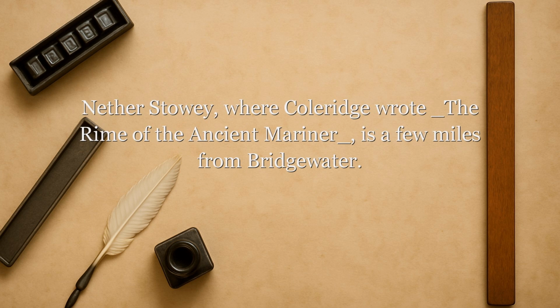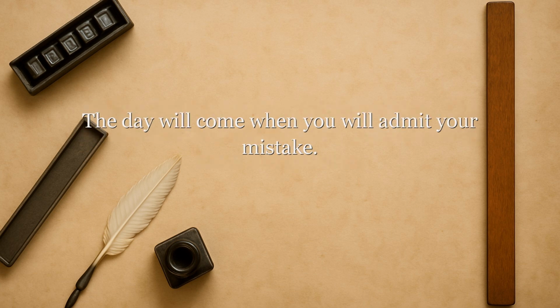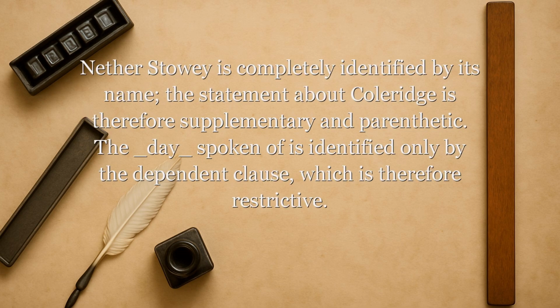Nether Stowey, where Coleridge wrote The Rime of the Ancient Mariner, is a few miles from Bridgewater. The day will come when you will admit your mistake. Nether Stowey is completely identified by its name. The statement about Coleridge is therefore supplementary and parenthetic. The day spoken of is identified only by the dependent clause, which is therefore restrictive.